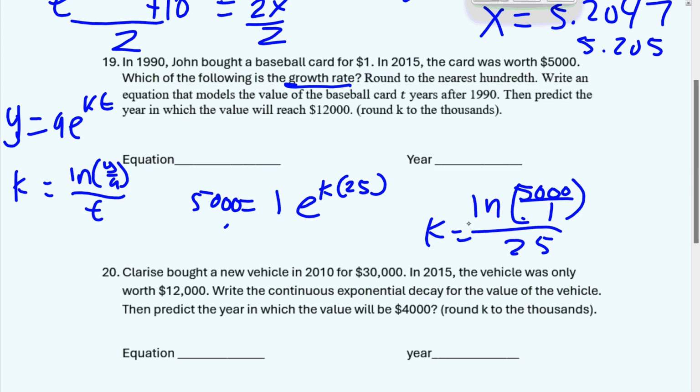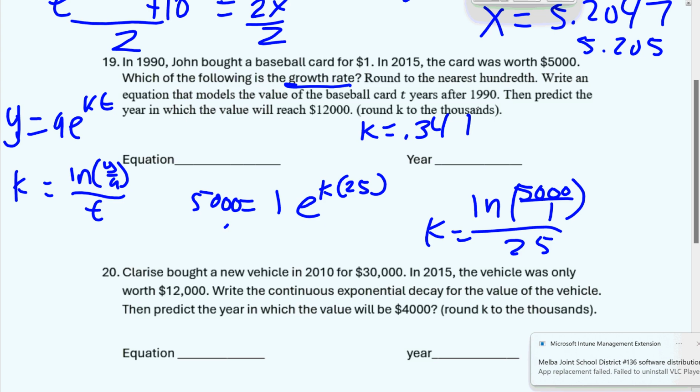So I take ln of 5,000 over 25. So that's not a decimal there, it's just one. Okay, and so I'm going to round to the thousandths for my k. So my k is equal to 0.341 if I round it.